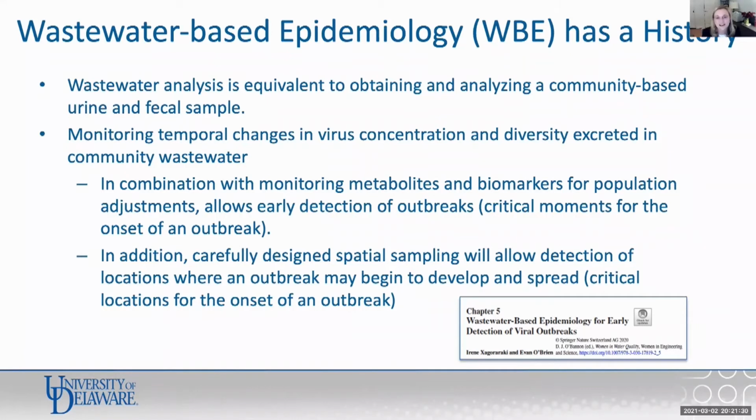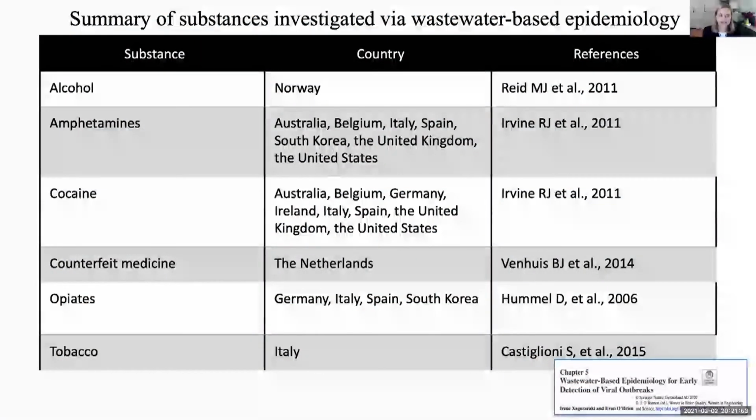Also using this technology to be able to identify, before a clinical outbreak happens, when you see a spike in the amount of virus that is being shed in a community. And of course, there's a lot of thought that goes into this. Careful design of sampling routines, thinking about the location of where you sample and how frequently those samples are collected.